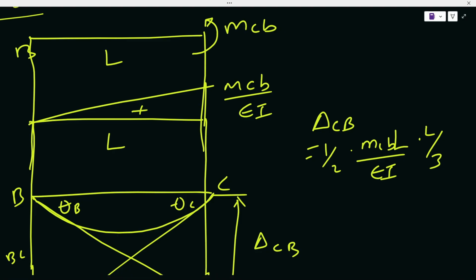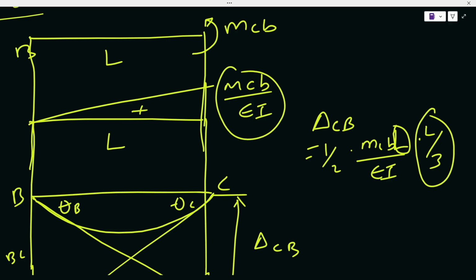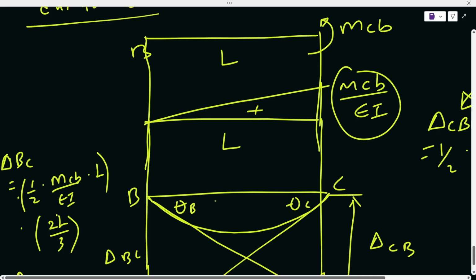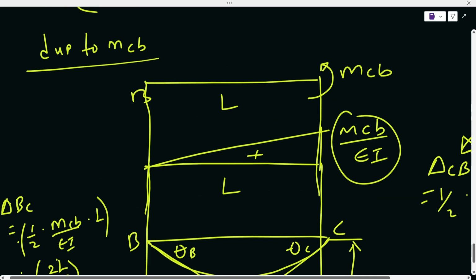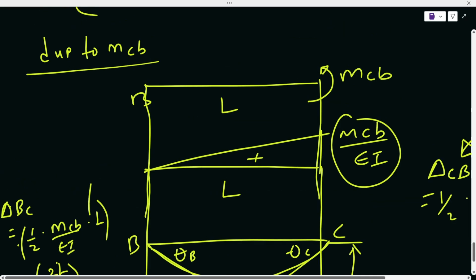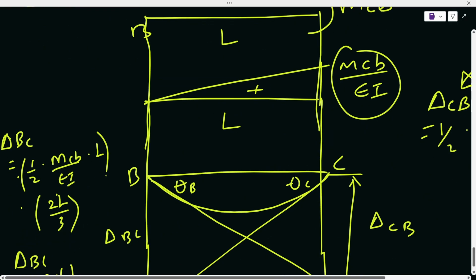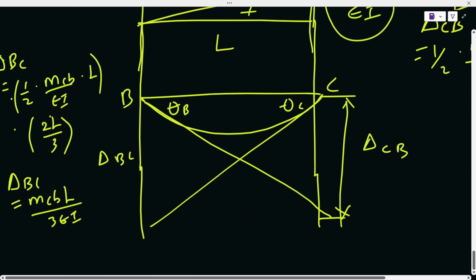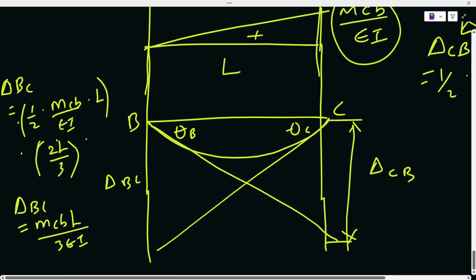The area of a triangle is half base times height. The base is L, and the height is MCB over EI. Then I multiply by the centroid. This is the centroid expression if we are moving from C, and this is the centroid expression if we are moving from B.